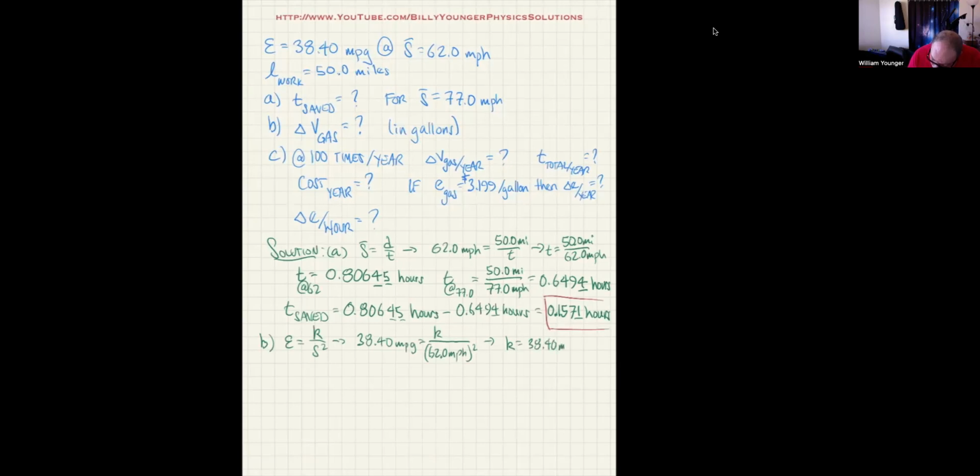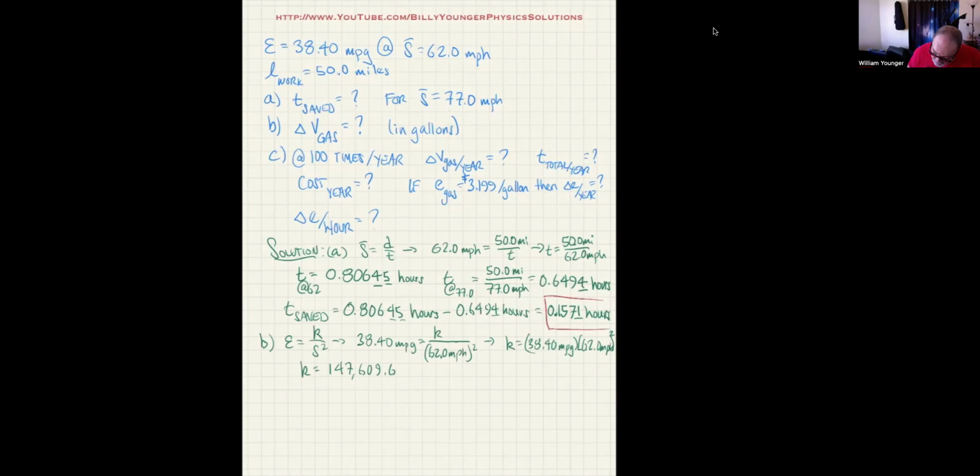So that K turns out to be 38.40 mpg times 62.0 mph squared. Sorry that got so tight there, but that gets me ultimately my K. So I'm going to take 38.40 and I'll multiply it by 62 squared. And that's going to give me roughly 147,609.6.